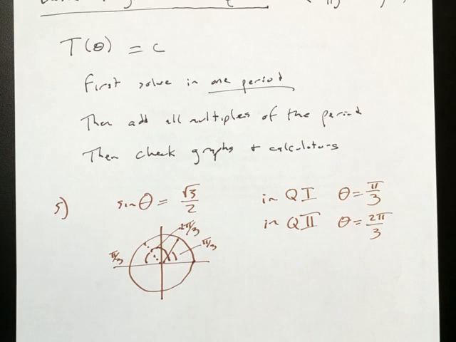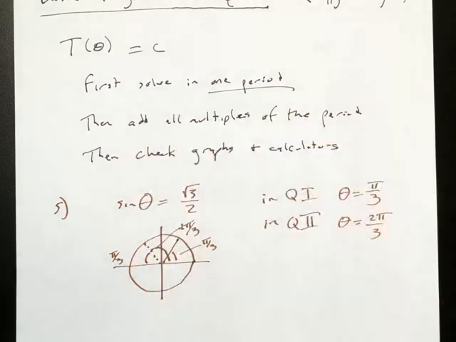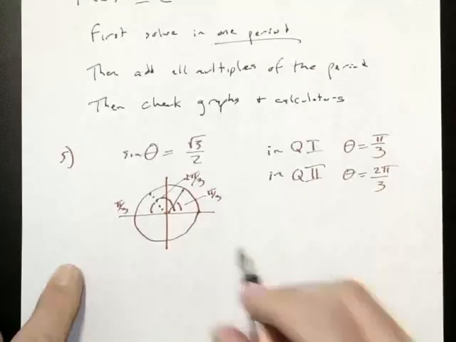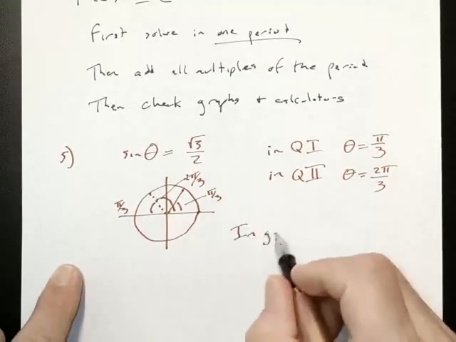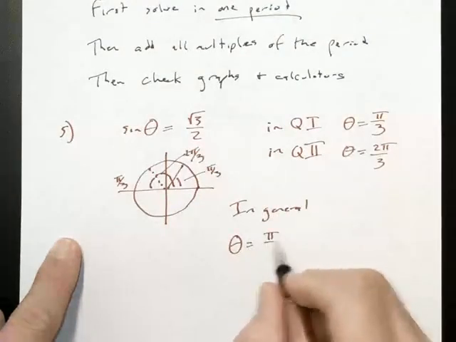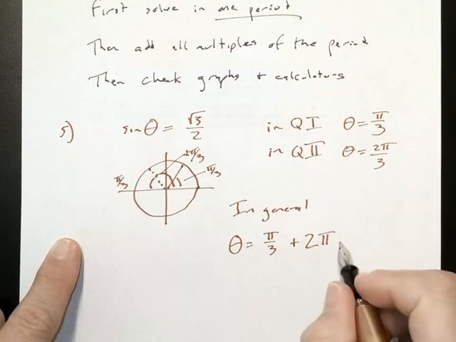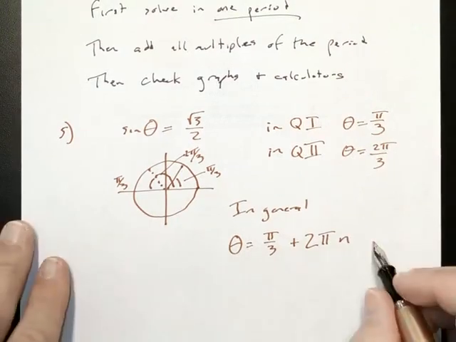Great. We said the period of this equation was the period of this trig function, the period of sine of theta, 2 pi. So I then need to add all multiples of the period, which means I take the pi over 3 and I add any multiple of 2 pi.